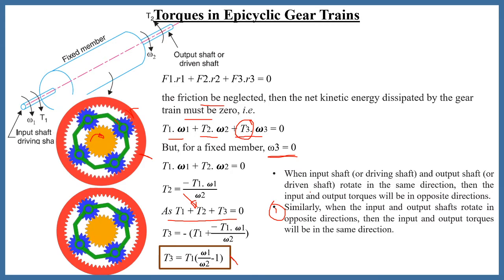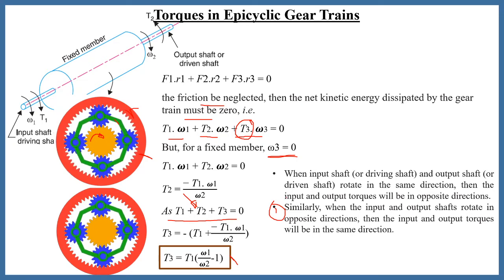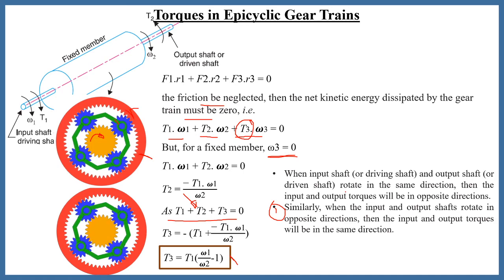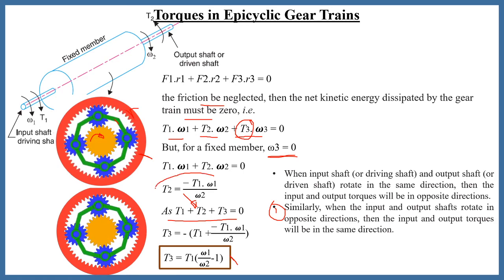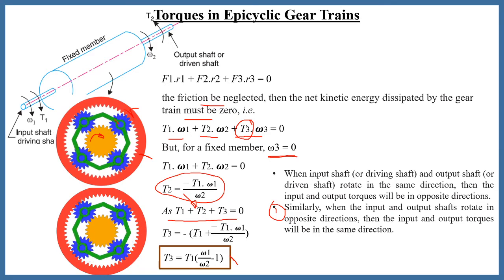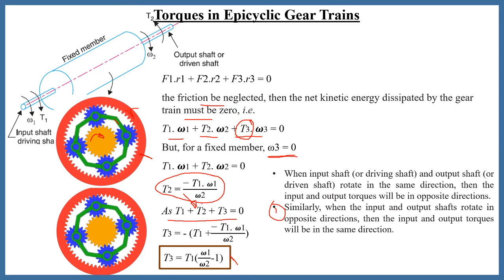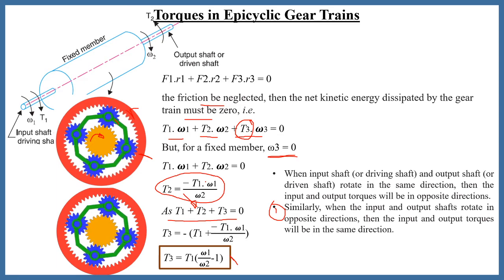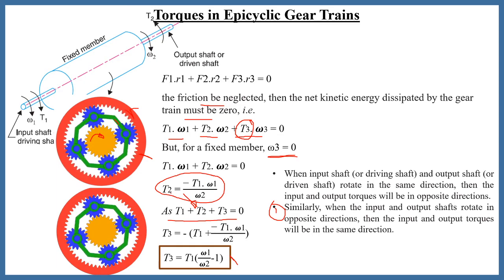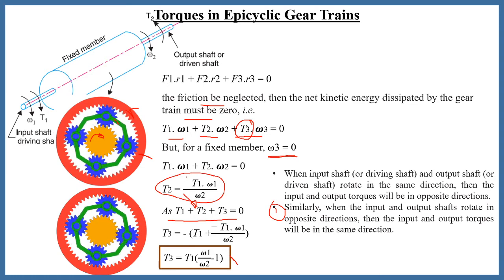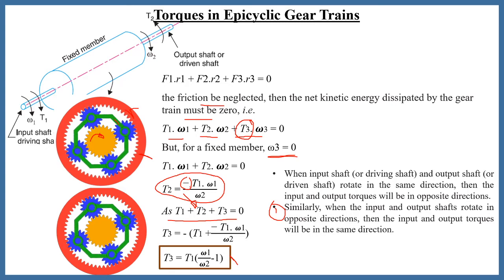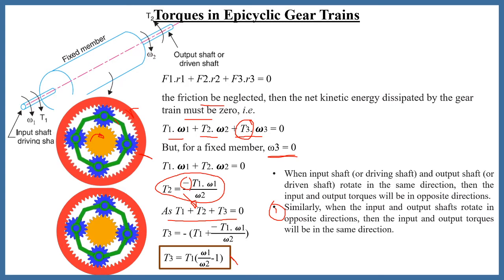Just try to understand, when the input shaft and the output shaft rotate in the same direction, consider this equation. When omega 1 and omega 2 have the same direction, T2 is equal to minus, that means T1 and T2, these torques, are in the opposite direction.